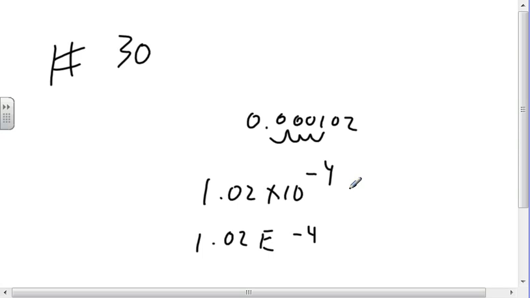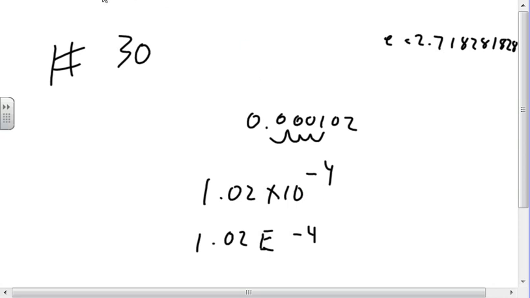Capital E means 10. Little e means base of the natural logarithm. So a little e means 2.71828182845, going on for infinity, forever and ever, never repeating. But a capital E on your calculator means it's a power of 10.